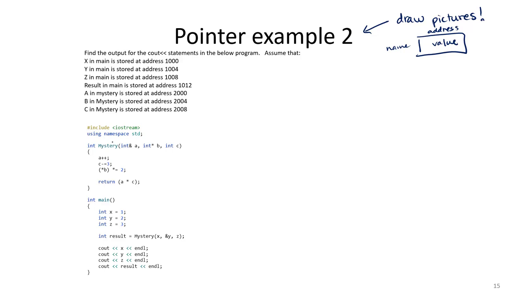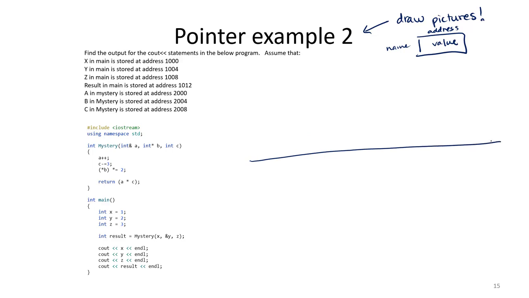You'll notice we have a mystery function and our main function. We always start running in our main function first. We don't go into our mystery function until we call mystery from main. Also, please note that since we have two functions, we're going to have two separate sets of variables.